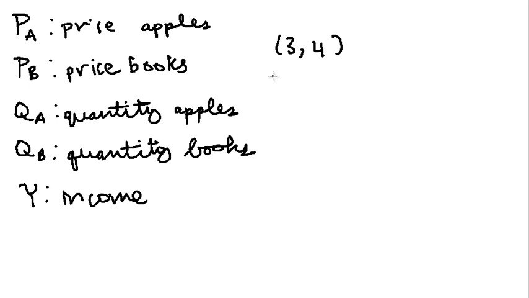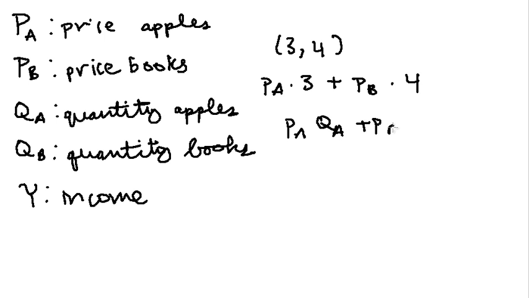Well, we would multiply the amount of apples we bought, 3, by the price of apples, and the amount of books we bought by the price of books. So we would get PA times 3 plus PB times 4. So generally, for any given bundle, the amount that we've spent is PA QA plus PB QB.